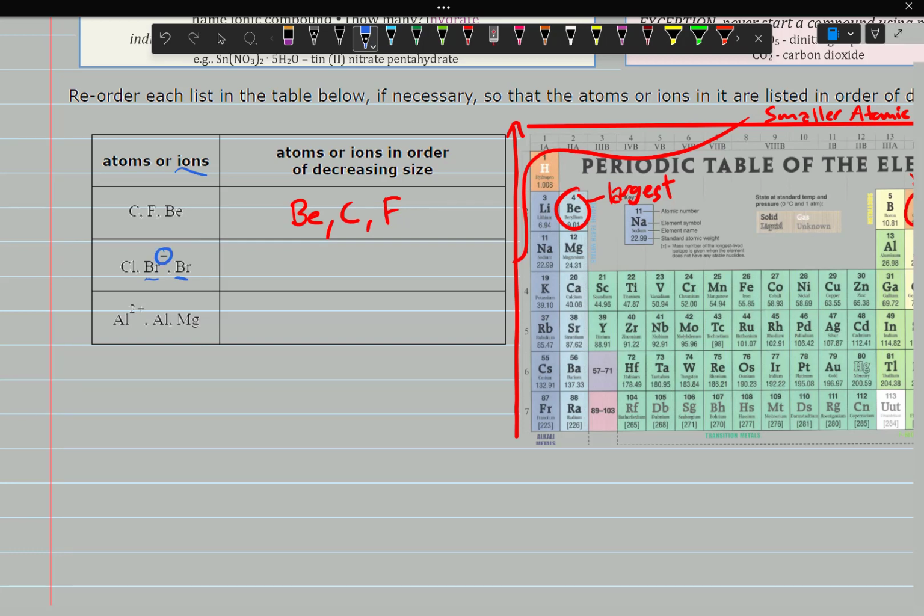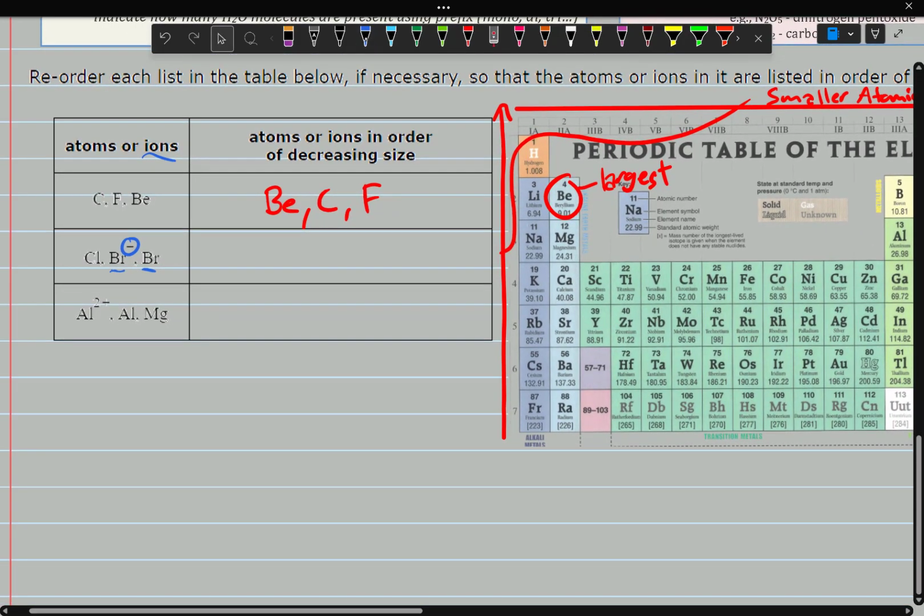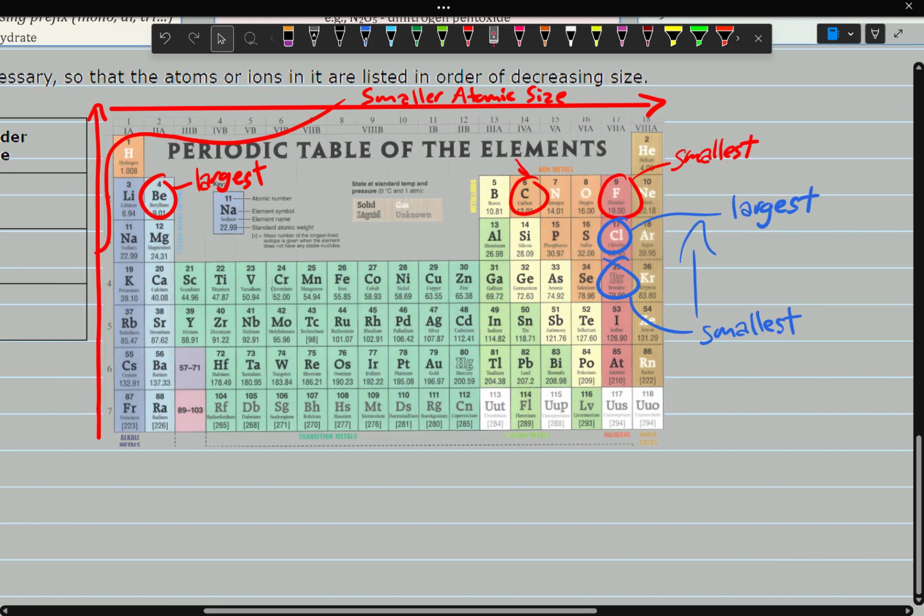And so if we have more electrons than neutral, that just adds more size to our atom. So Br minus is going to be larger than Br neutral.